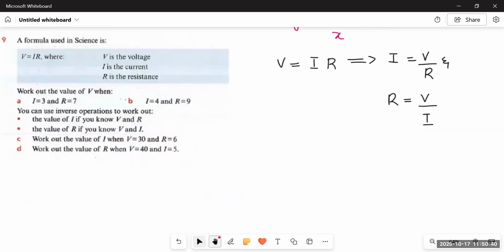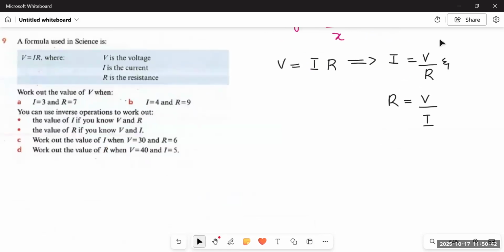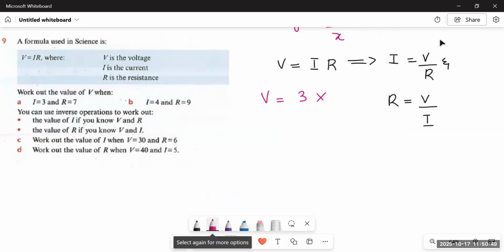They are saying work out the value of V. If we have to calculate the value of V, we'll simply substitute the values as given. So it would be 3 for I, 7 for R, and the answer would be 21, right?